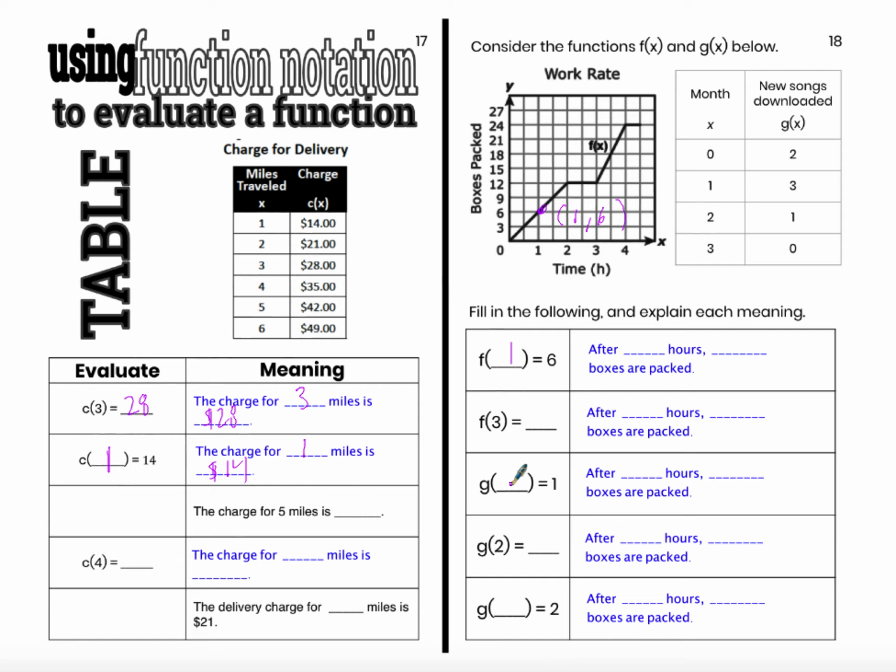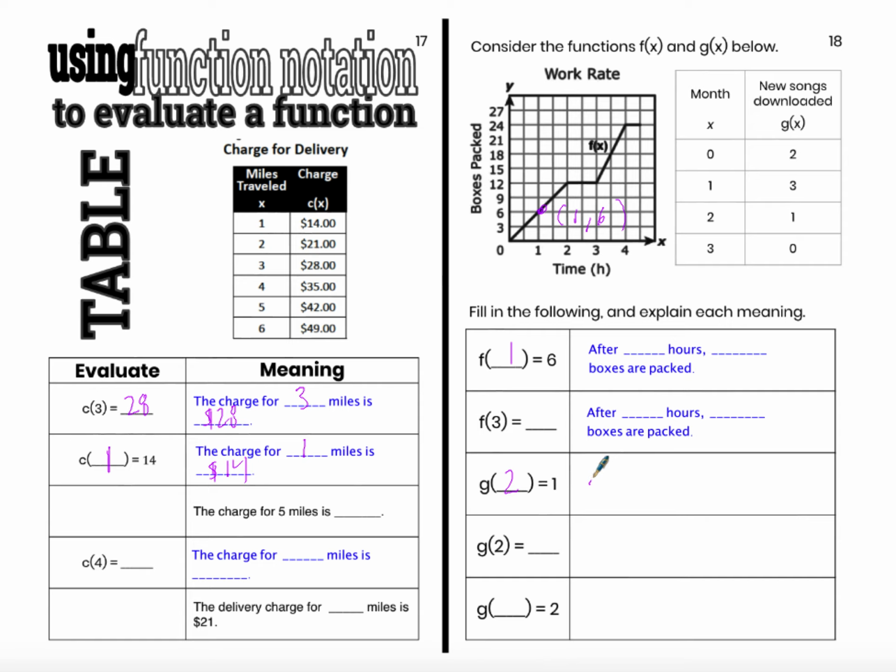Whereas a G question, oh, I copied and pasted wrong. So the G questions are not talking about boxes being packed. G questions are talking about a number of songs downloaded after a particular number of months. So this gives an output of 1, and the input for G of x is 2.